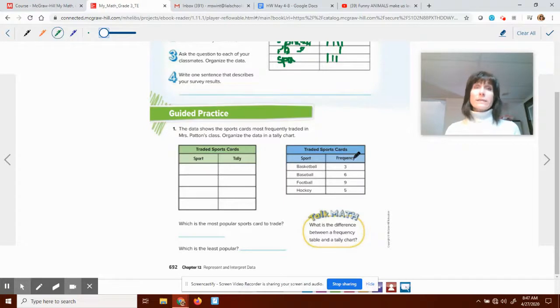We have the frequency, which is the number of times that they're traded. We'll start with the first sport, basketball, so I'll just put BB for basketball. This time they want me to organize in a tally chart. There are 3 as my frequency, so I need to put 3 tally marks.